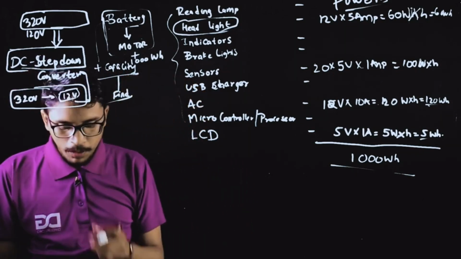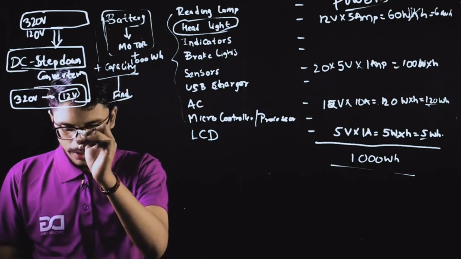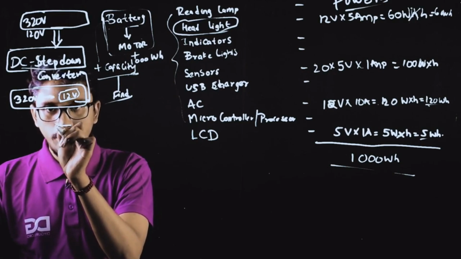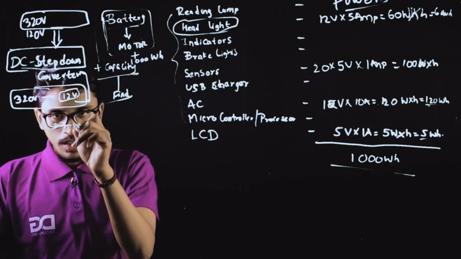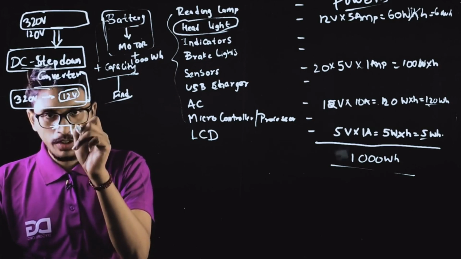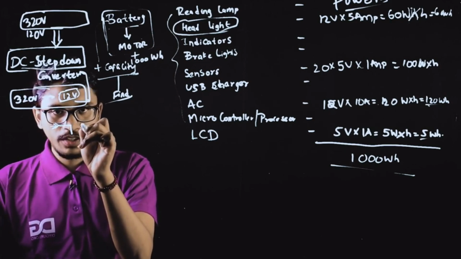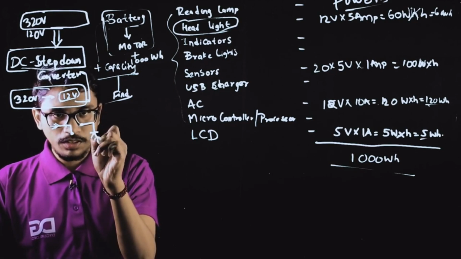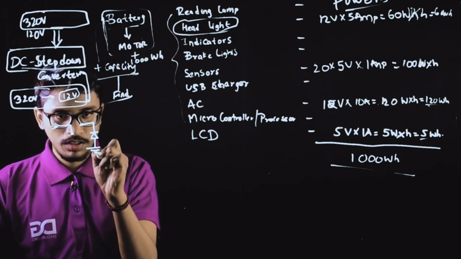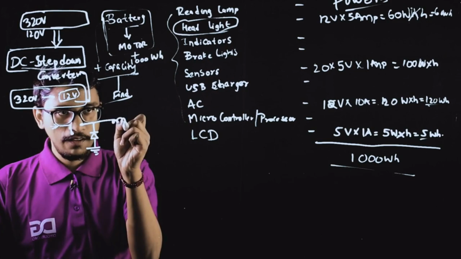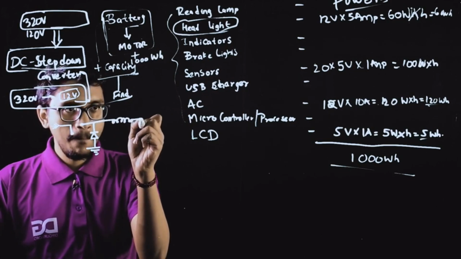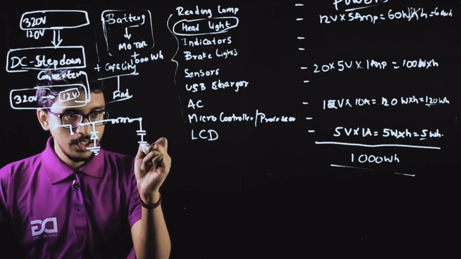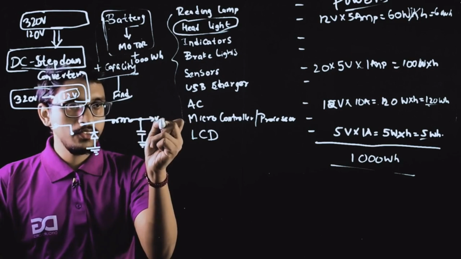Now let me give you a diagram of how it works. It basically works like this. This is the power you are going to send, like 320 volts, whatever it is, and this is a switch. This is a capacitor, this is the ground, and this is the V out.